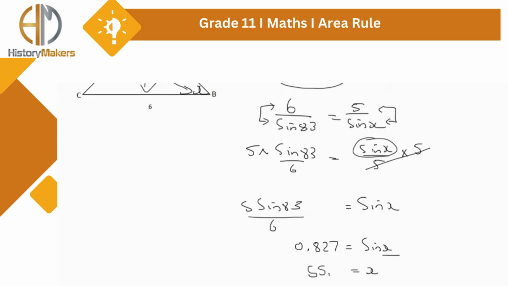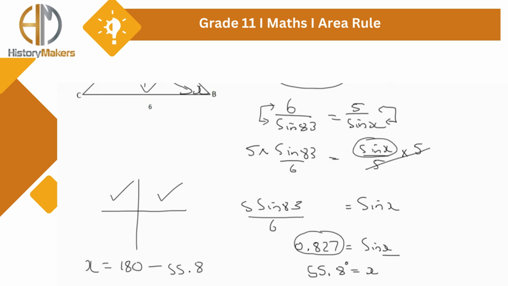But I wonder if any of you can remember the ambiguous case. Remember we said whenever we're doing sin, we have to look out for the ambiguous case, because in trigonometry, sin is positive in quadrant 1 and quadrant 2. And so we've just looked at quadrant 1, and so quadrant 2 would say that x is equal to 180 minus the 55.8, and that would give us a value of 124.2 degrees.